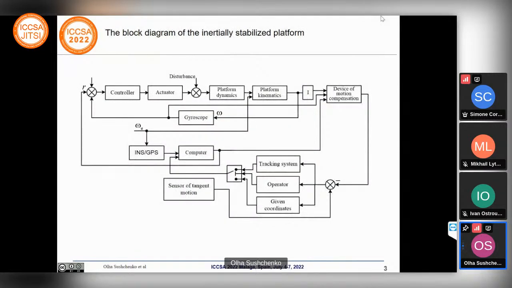The block diagram of the inertially stabilized platform is shown in this slide. The inertial navigation can be realized by means of both gimbal and strap-down systems. It should be noted that such factors as the progress of inertial sensors, such as laser, fiber optic, and MEMS gyroscopes, and computing techniques, have led to the wide application of strap-down inertial navigation systems.